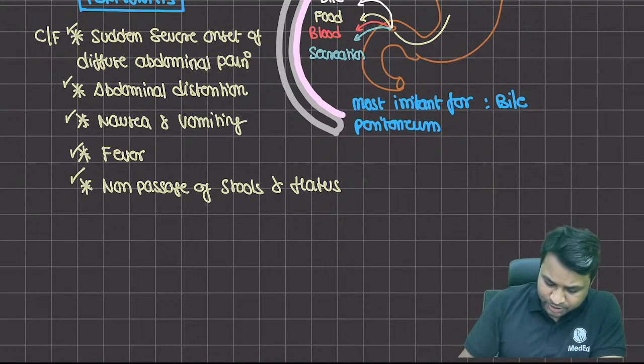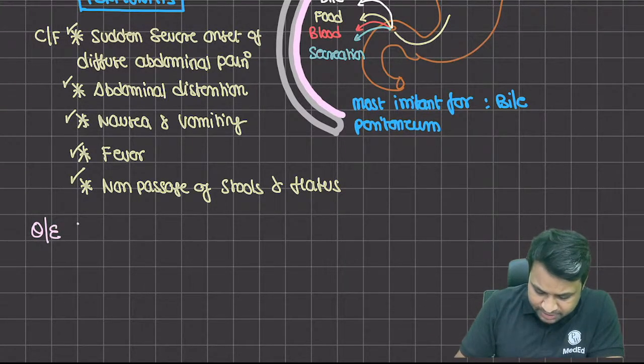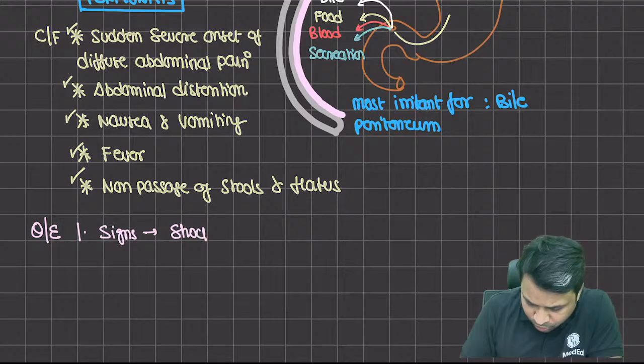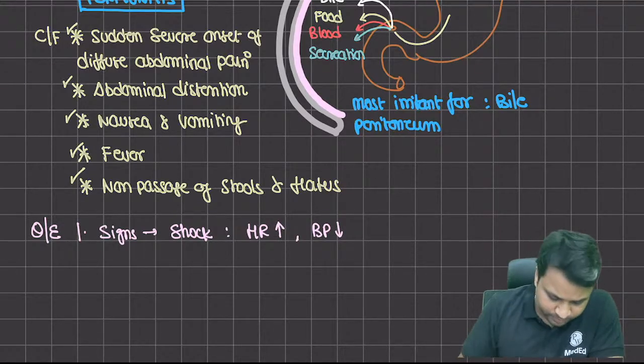Now, as soon as this patient lands in the casualty, I would like to examine. On examination, there are signs which show the patient is in shock. How do you know it is shock? The heart rate is high, that is tachycardia, and the blood pressure is low, hypotension is present, right?